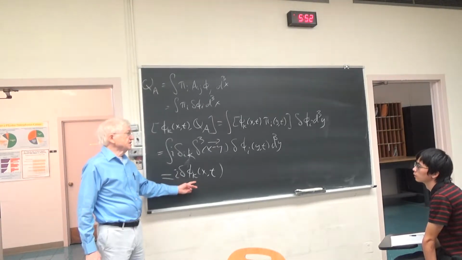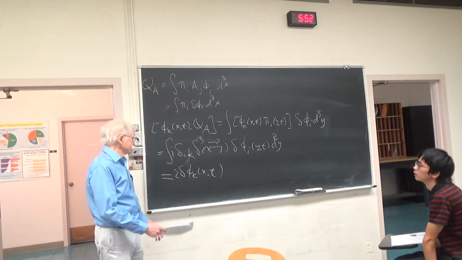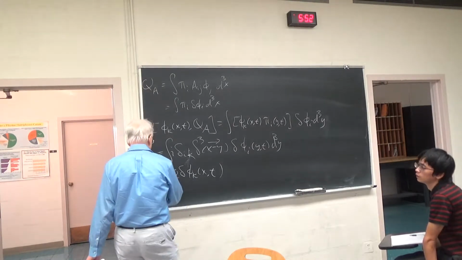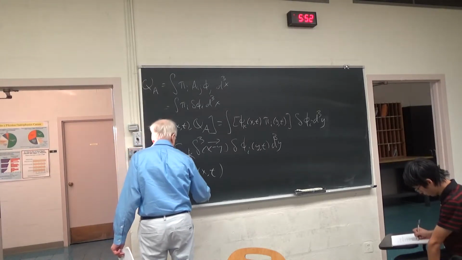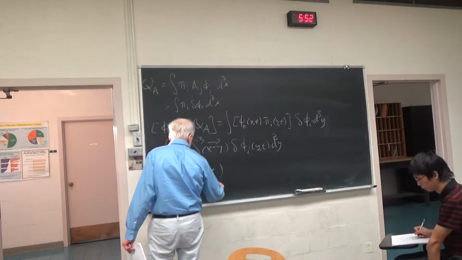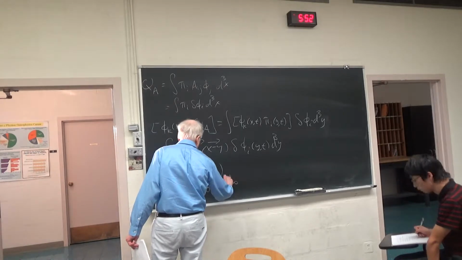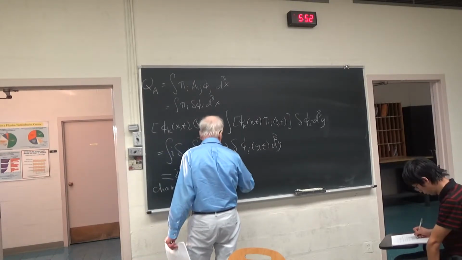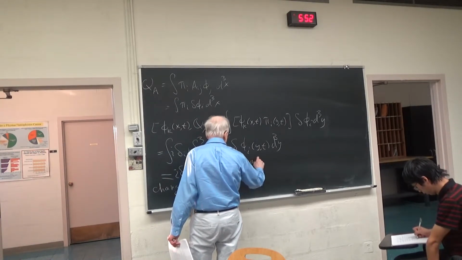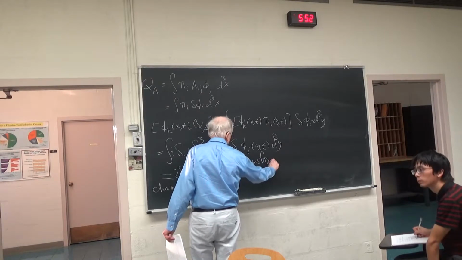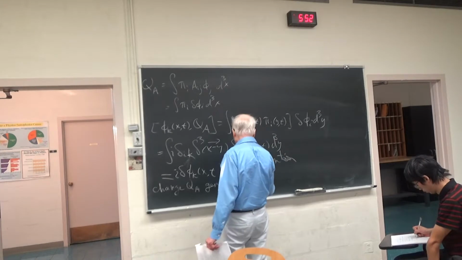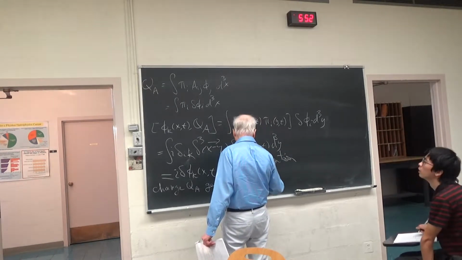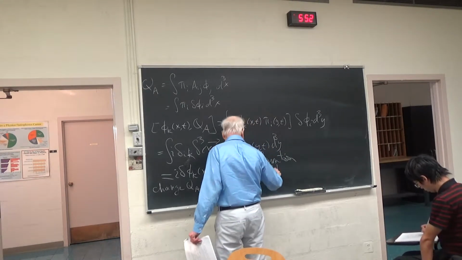And the lingo that goes with that is that the charge Q_A generates the transformation phi goes to phi plus epsilon times the change.